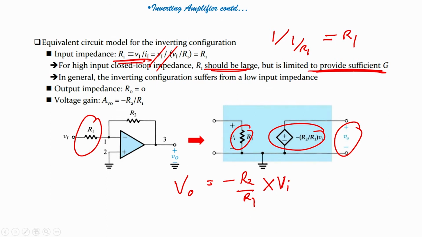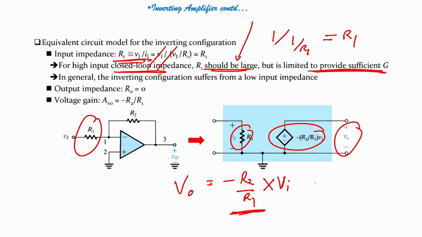Now, what we are saying here is that for high input closed loop impedance, we should have R1 extremely high. So, if I put R1 extremely high, what will happen? My output will be similar to my input.